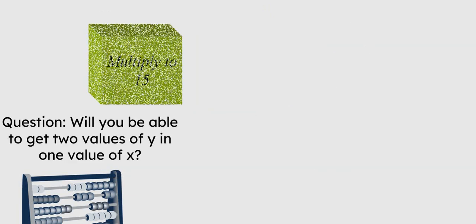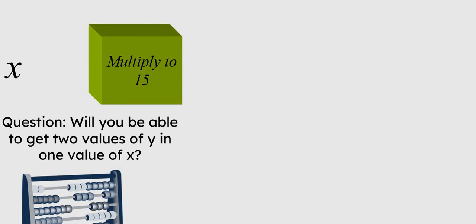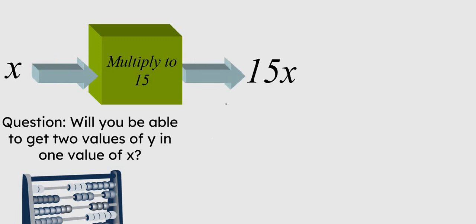Now, take a look at this one. When we have any number x multiplied by 15, we would get a 15x. And this is our assigned value for y. Now, do you think we will be able to get two values of y for one specific value of x?